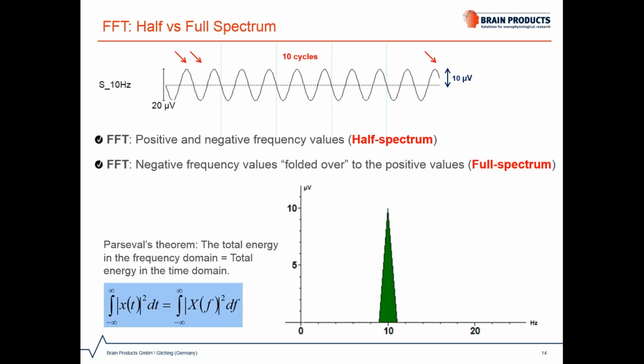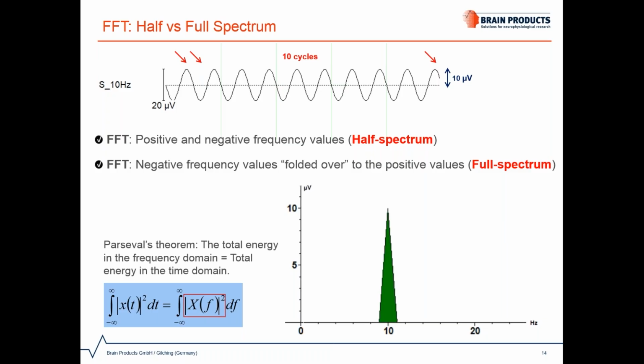Moreover, there is a theorem called Parseval's theorem, stating that the total energy in the frequency domain is equal to the total energy of the signal in the time domain. This means the resulting power spectrum obtained by computing the full spectrum fulfills this theorem.